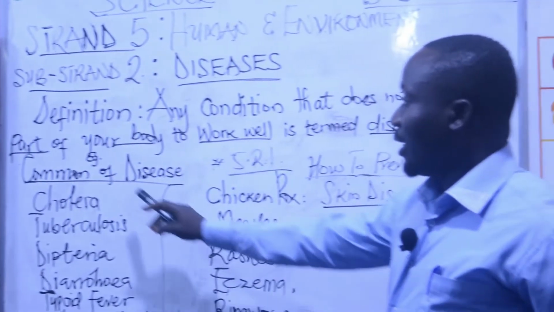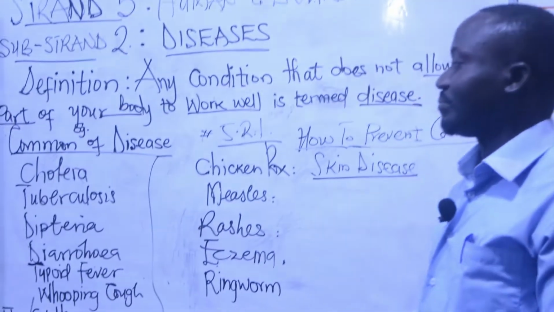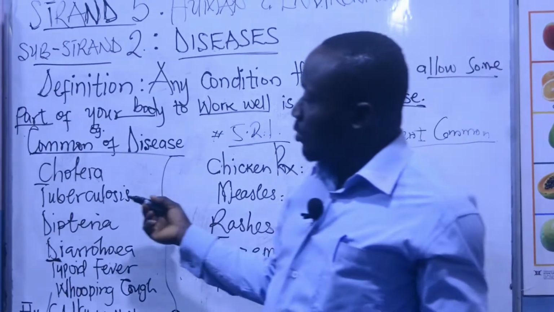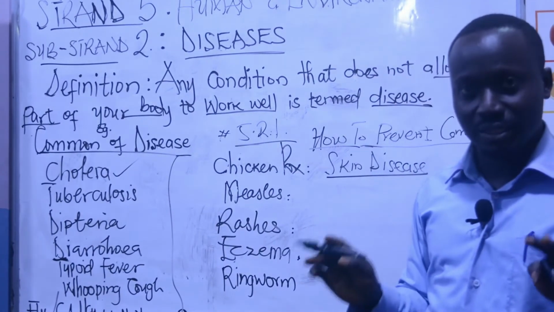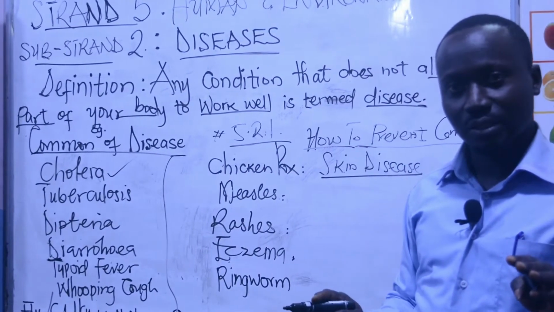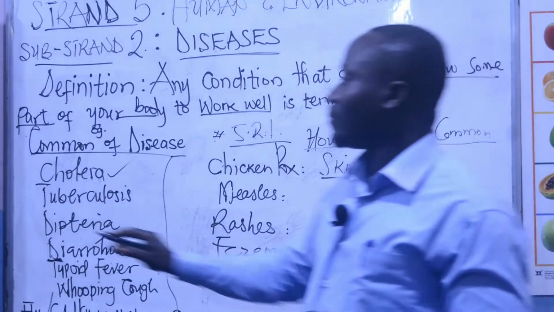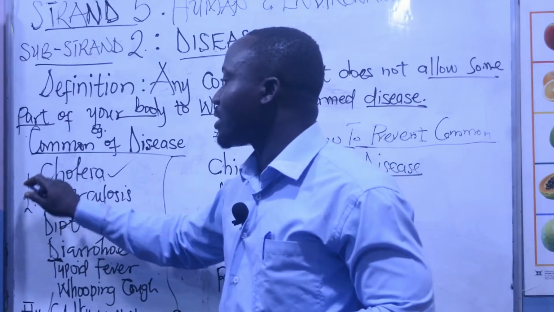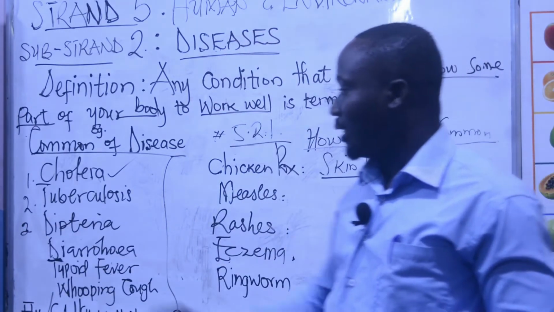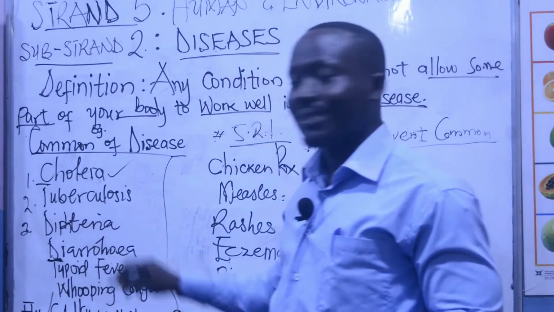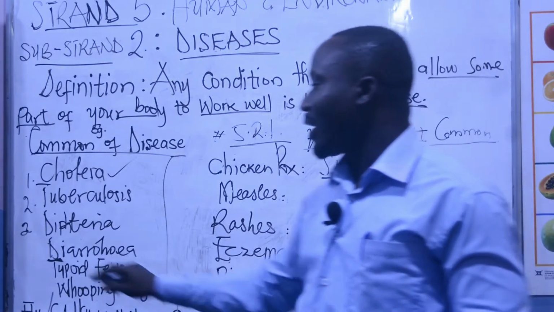Now let's look at some common types of diseases. Common examples of diseases. First of all, we say cholera is a common example of disease. Tuberculosis is also an example of disease. Diphtheria is an example of disease. We have diarrhea.